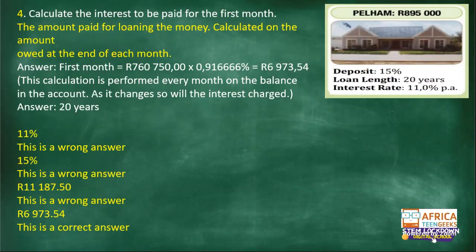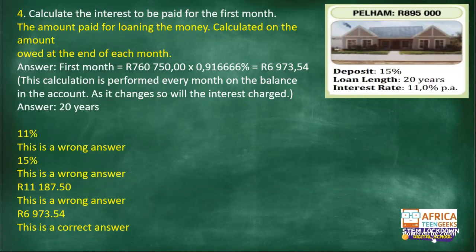So you cannot say 11%, because 11% is the interest. Now we want the monthly amount that you are going to pay. So if you multiply 760,000 by 0.91666%, the answer that you'll get will be 6,973 rands and 54 cents.